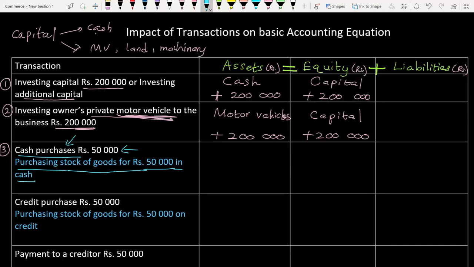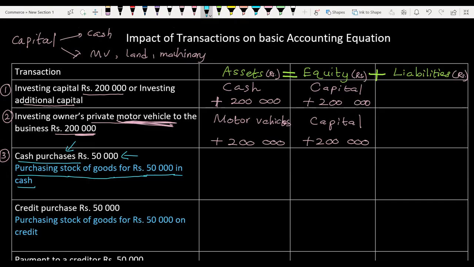Definitely, cash of the business will reduce. Now, this is a cash transaction, so definitely there is a change of cash. What happens to cash? Cash will definitely decrease. This means assets in the business will decrease.